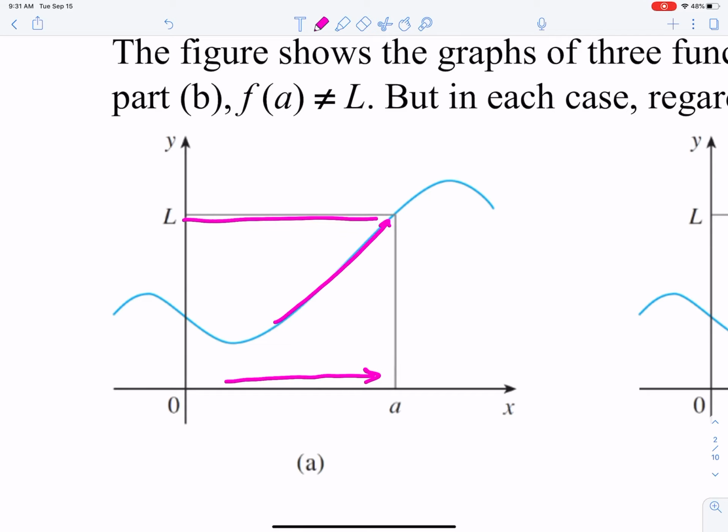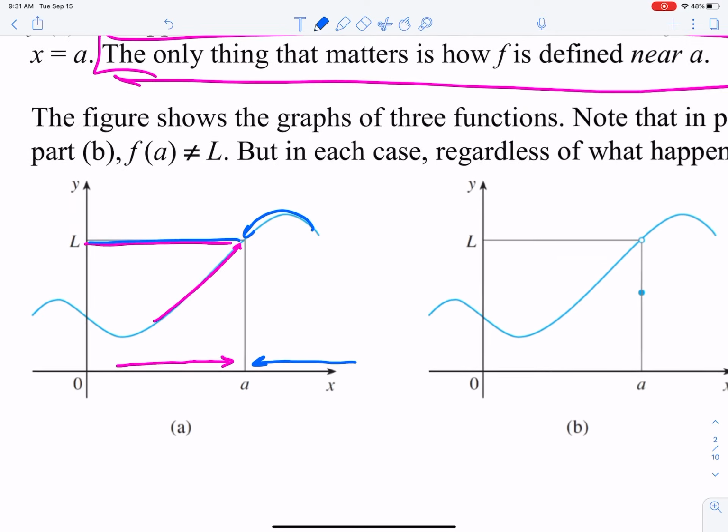Same thing if we come in from the other side. If we come in from the right, so x value is bigger than a, but approaching a, follow the function. And again, we see the function value is approaching this L, this limiting value. All right, so that one's pretty easy, pretty basic.